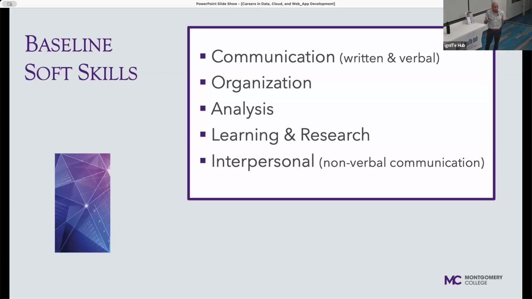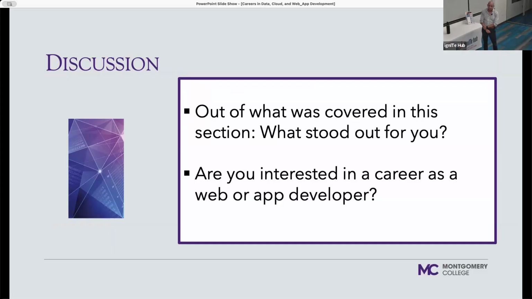But at the end of the day, the design and the process is very similar. So that's why the compensation is also kind of similar. Right. And again, same soft skills, the same as we've been talking about. Let's move on to our discussion.